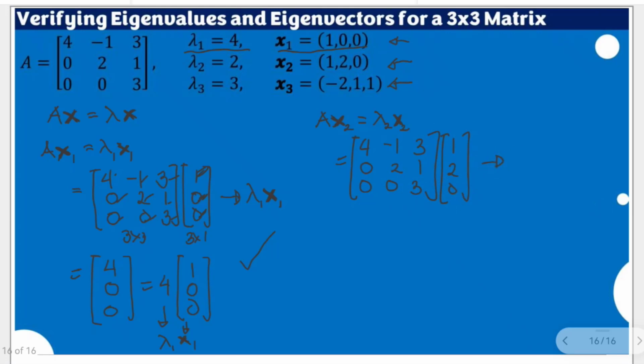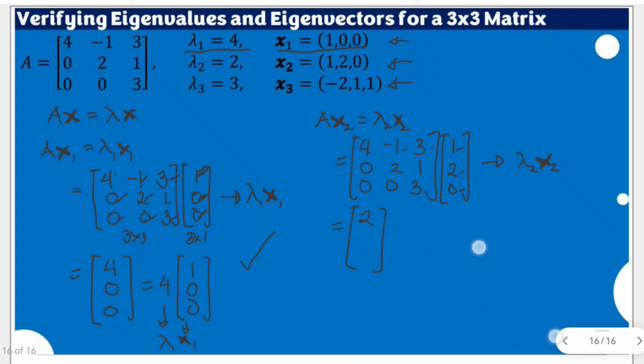Again, the idea is for this to be matched. The result here is still 3 by 1. 4 times 1 is 4. Negative 1 times 2 is negative 2. Then 3 times 0 is 0. So 4 minus 2 is positive 2.